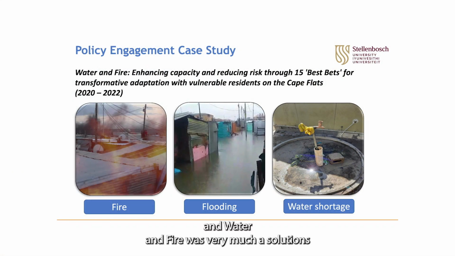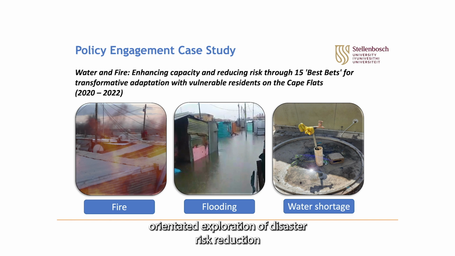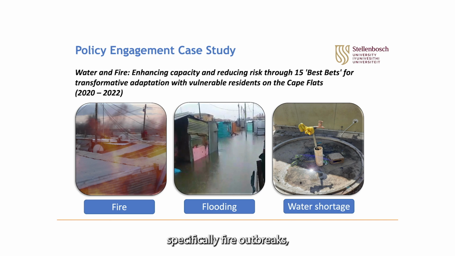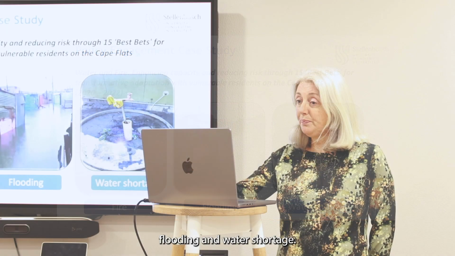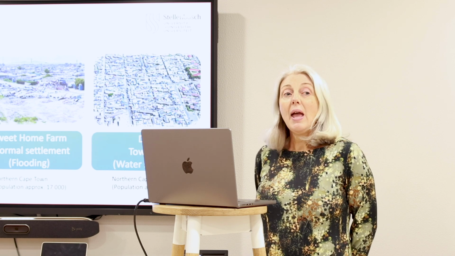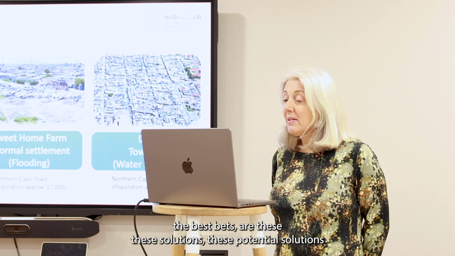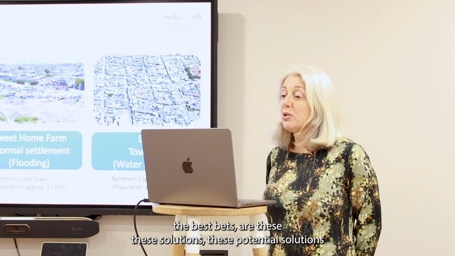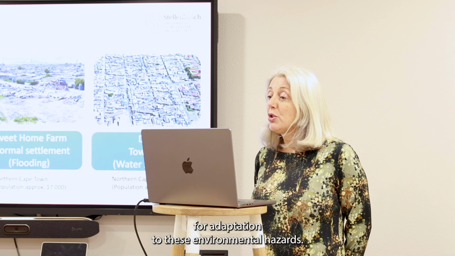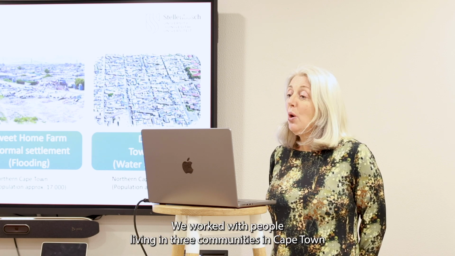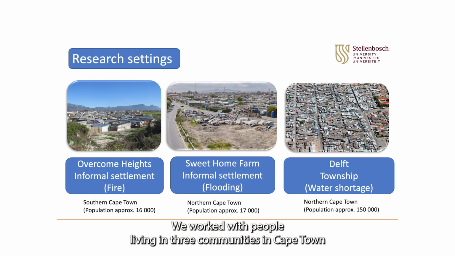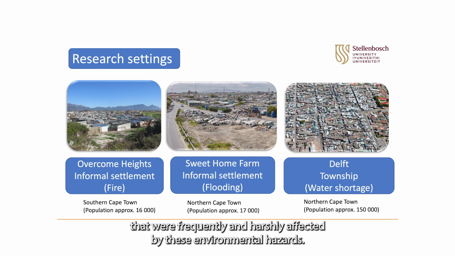And Water and Fire was very much a solutions-orientated exploration of disaster risk reduction and resilience in the context of 3 climate-related hazards, specifically fire outbreaks, flooding, and water shortage. And in generating the best bets, or these potential solutions for adaptation to these environmental hazards, we worked with people living in 3 communities in Cape Town that were frequently and harshly affected by these environmental hazards.